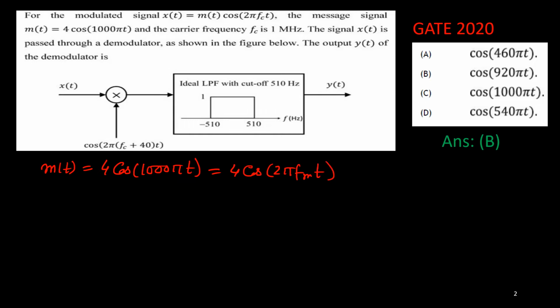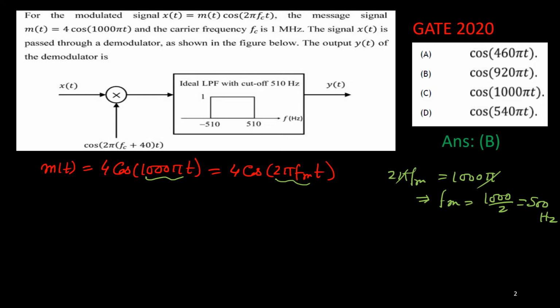So if you compare these two, 2 pi fm equals 1000 pi. So pi is getting cancelled out. So fm is 1000 by 2, meaning 500 hertz. So this is the frequency of the message signal.